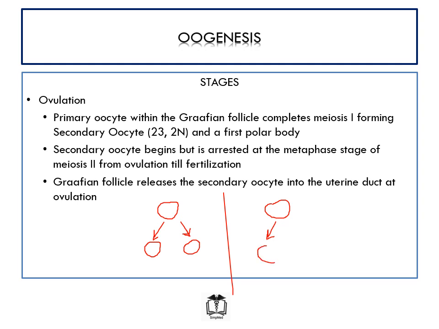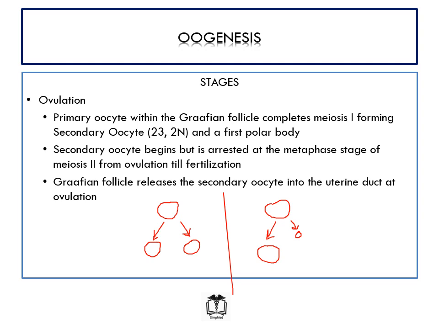A polar body is not necessarily a cell, it's just a smaller version of a cell that is not mitotically active anymore. So that's a very unique difference between what occurs in meiosis 1 of oogenesis and meiosis 1 of spermatogenesis. For oogenesis, we go from a primary oocyte that completes meiosis 1 at ovulation, and this gives rise to a single secondary oocyte and the first polar body.